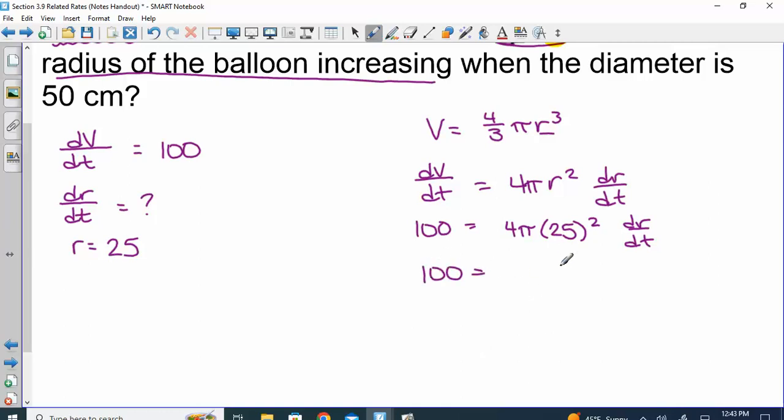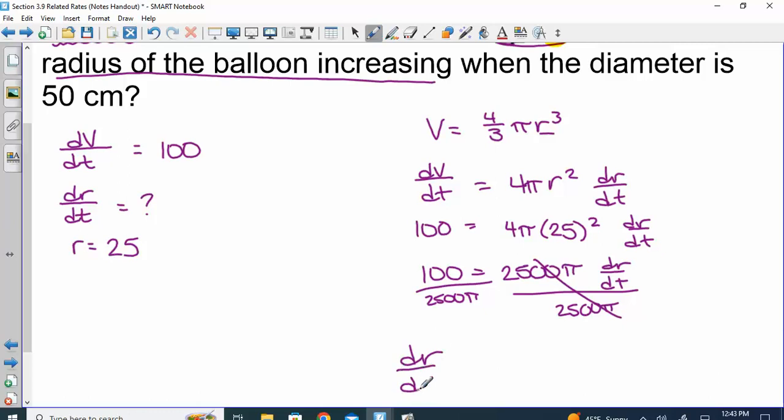Okay, so 25 squared is 625 times 4 is 2,500 pi dr/dt. dr/dt turns out to be 1/25 pi.